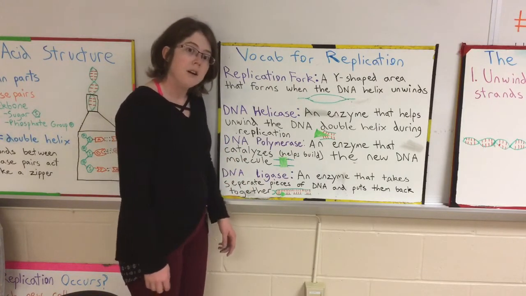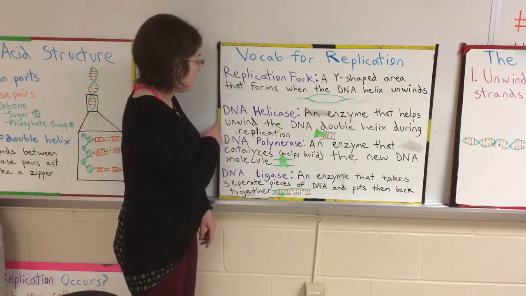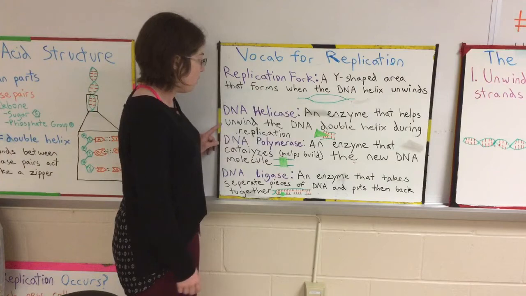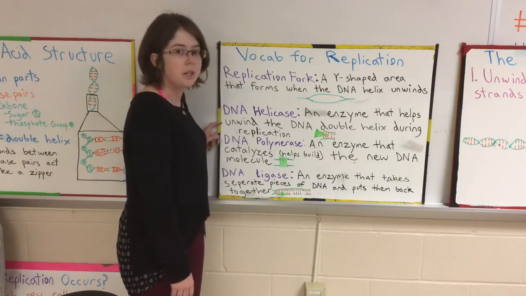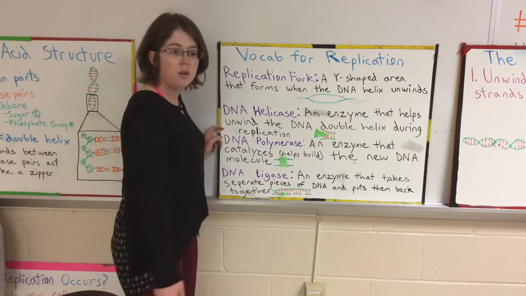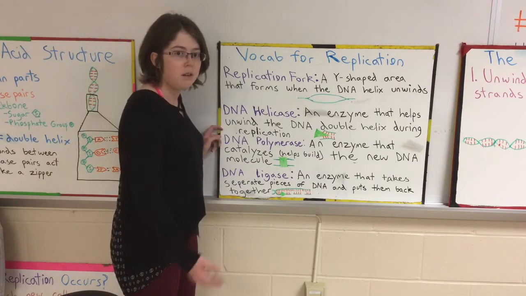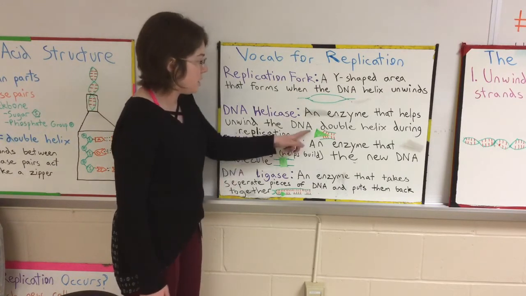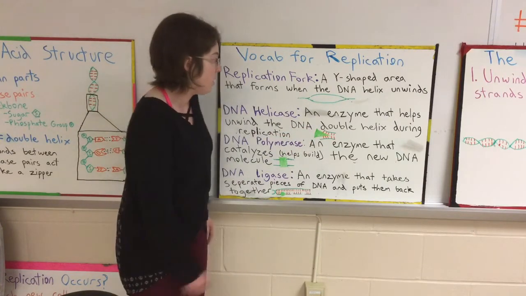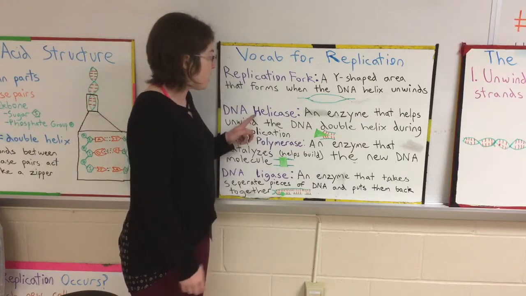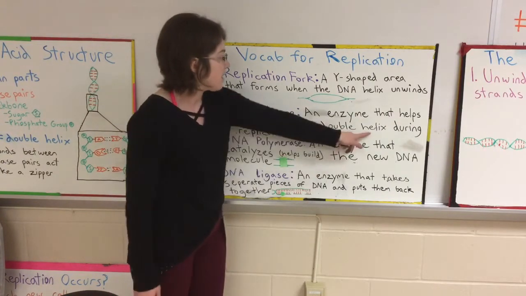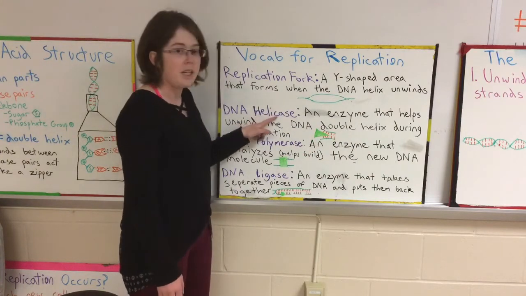The DNA helix unwinds with the help of DNA helicase, which is an enzyme that helps unwind the DNA double helix during replication. Throughout this set of notes and in some of your packets, you will notice this as a triangle in some of the pictures. I also remember that the helicase unwinds the double helix because helix sounds like the first half of helicase.